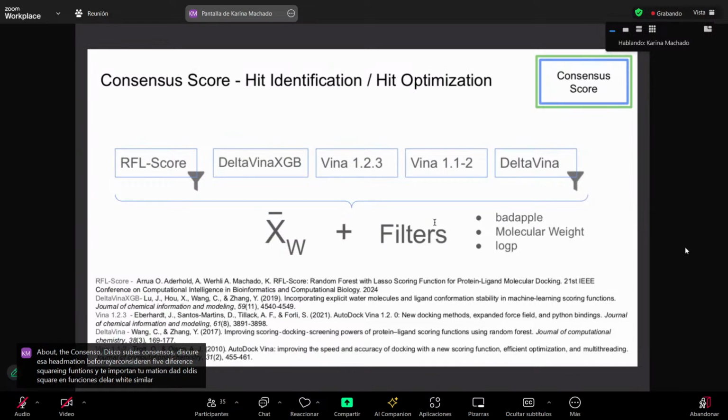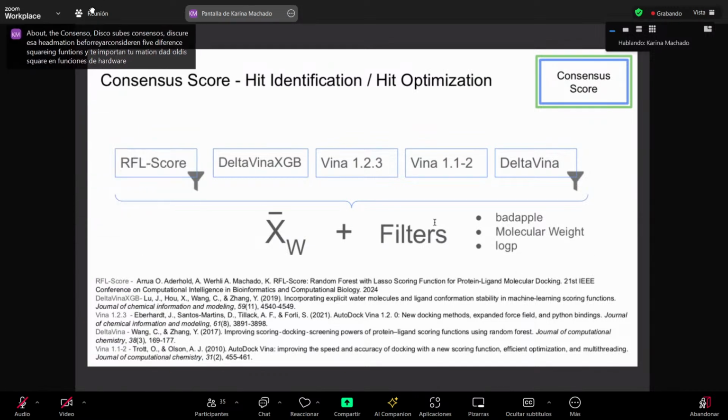They are either machine learning based or empirical, and they are using a little bit similar molecular descriptors. So they are not quite different, okay? And then for combining these results, we used a simple weighted average, okay? And then we applied the filters, for example, the molecular weight, log P, that were defined by the organizers.